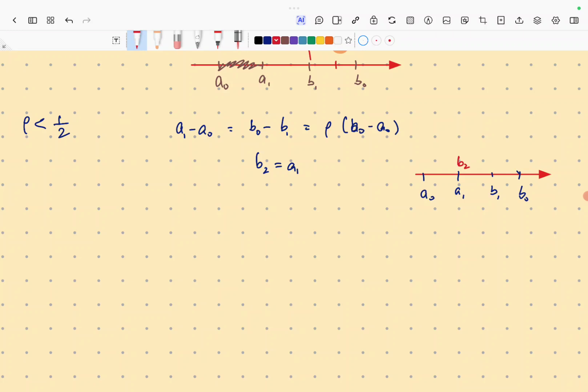Now, remember I want a reduction by a fraction rho in every step. So what can I say about the length of this interval from B2 to B1?